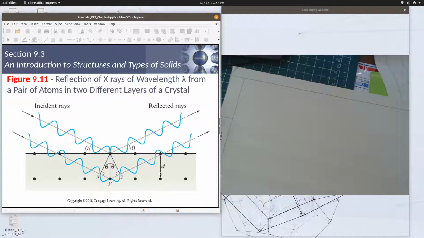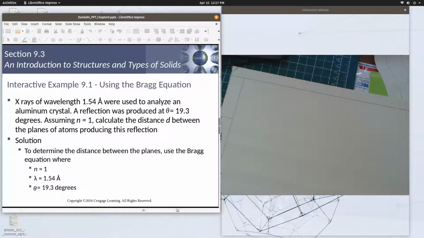If I look in different directions, I will see different diffraction patterns. For example, I can look in one direction and get maybe this spacing, and look at another angle and get this spacing, and so on and so forth. And so by looking at the X-ray diffraction pattern, I can understand the structure of a material.